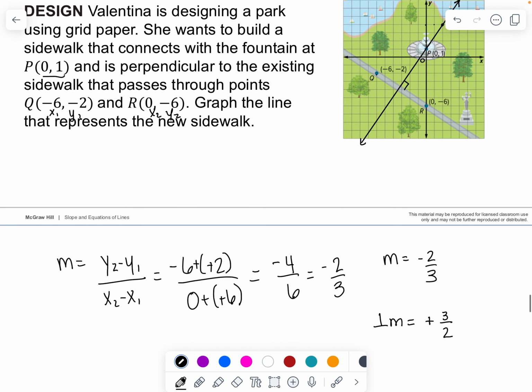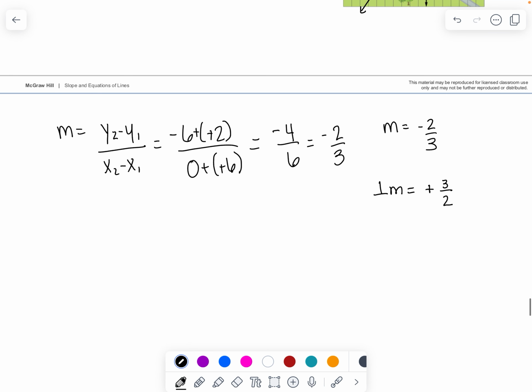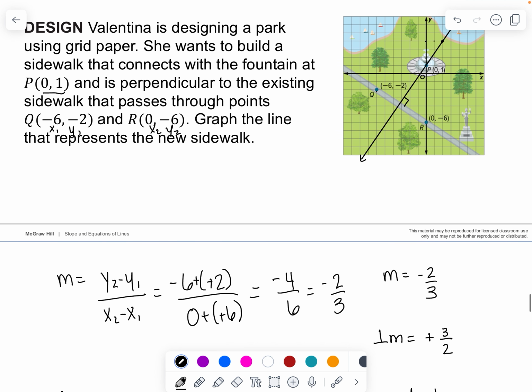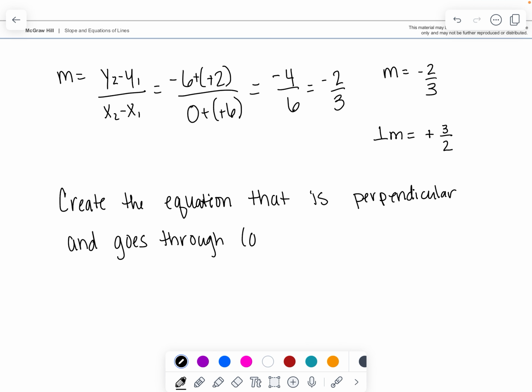Now I want to go one step further. I'm going to create the equation that is perpendicular and goes through (0, 1), because I know you're going to have to do that in ALEKS.